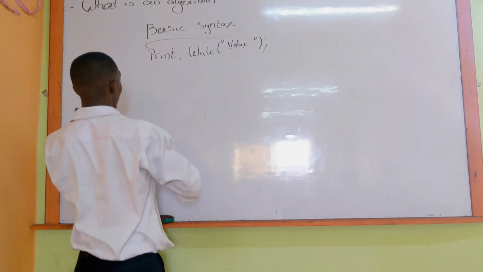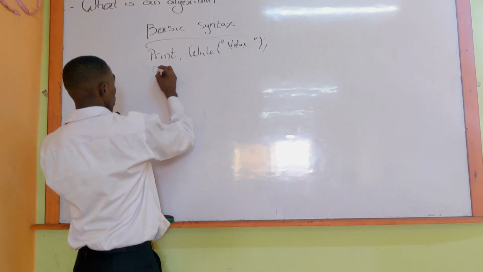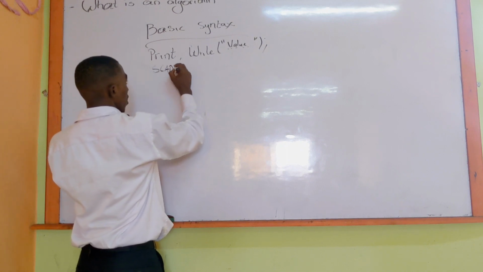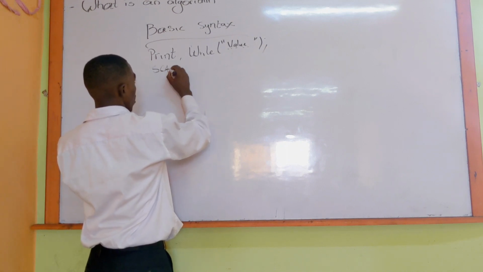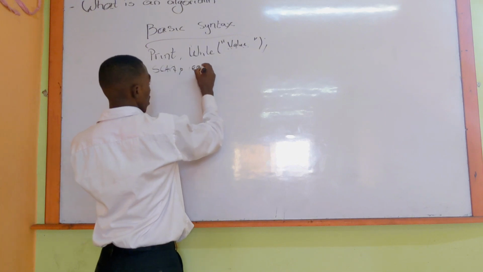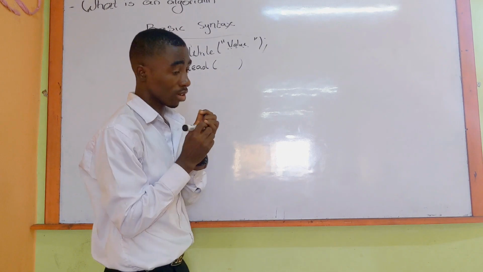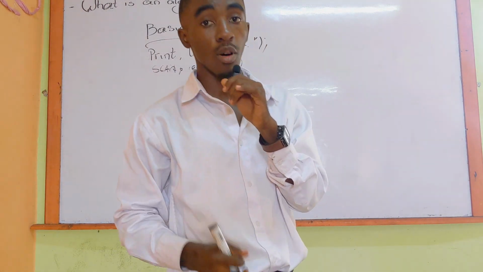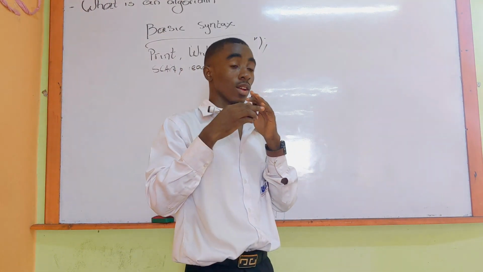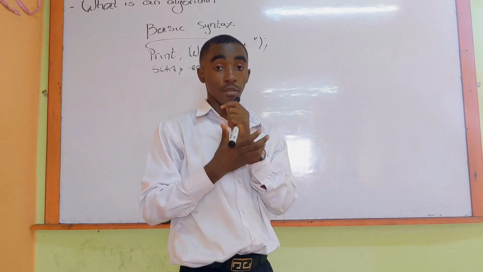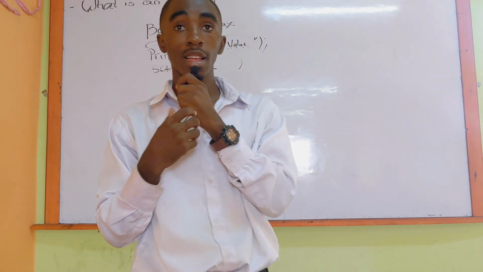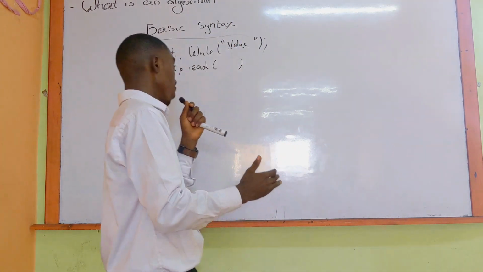Now read, sorry, scan or read. I give it a value. Actually, scan or read stores the value in a container. Let's take for example a container that you're supposed to keep juice in.